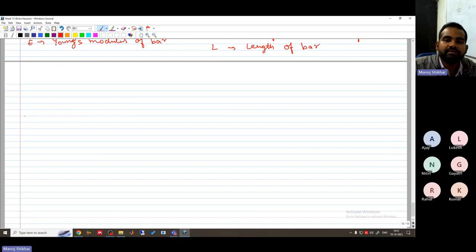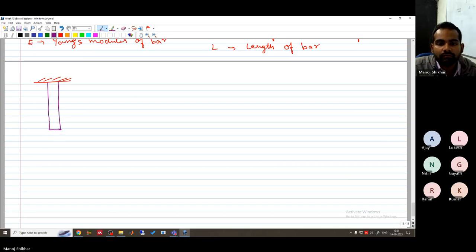So the figure is something like this. Suppose we have a bar here, and there's some weight here which falls down.